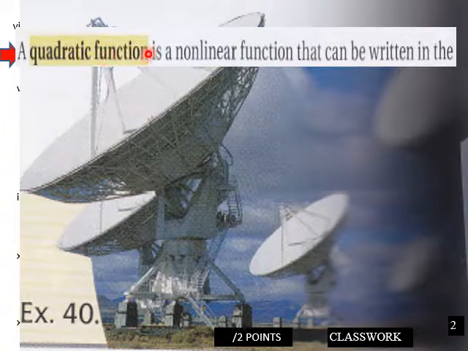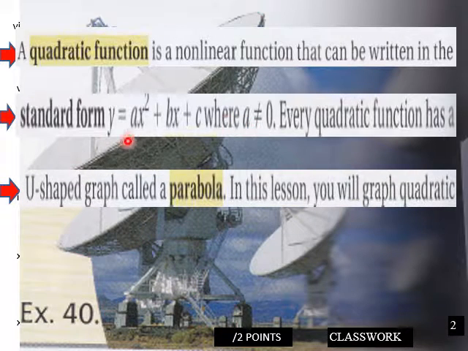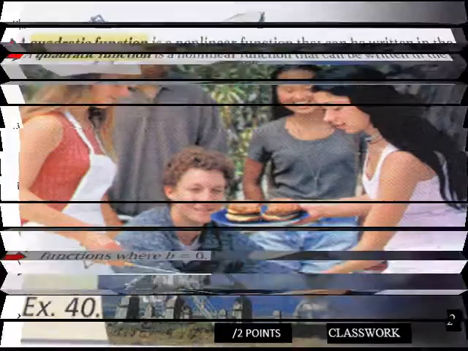A quadratic function is a nonlinear function that can be written in standard form, where a does not equal 0. So it's got a U-shaped graph called a parabola. In this lesson you will graph quadratic functions where b equals 0.